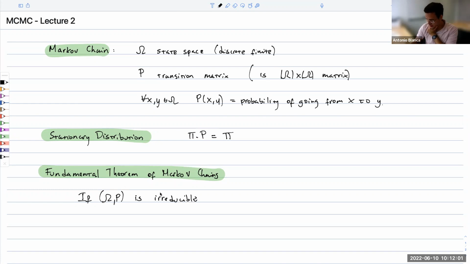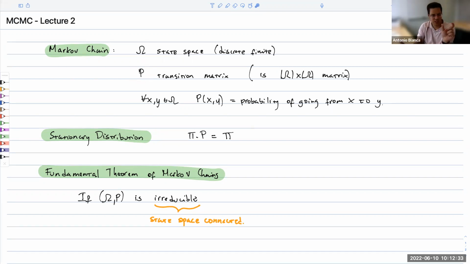And remember, this is just a fancy word for saying that the state space is connected. In other words, we can view the state space as a graph where the vertices are the states, and the edges are the possible transitions of P, right?